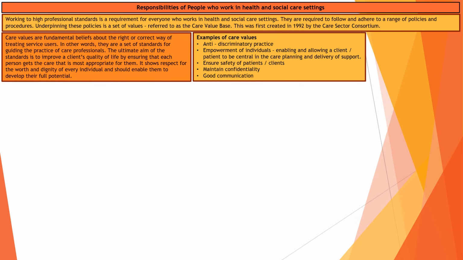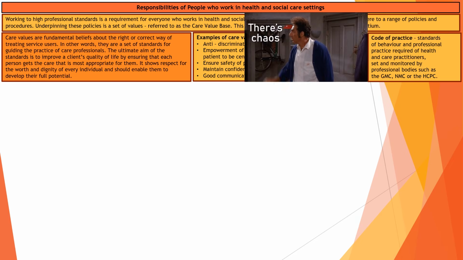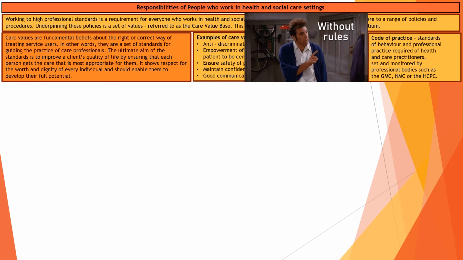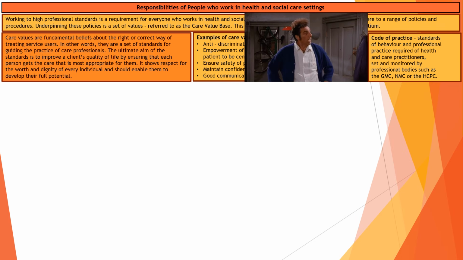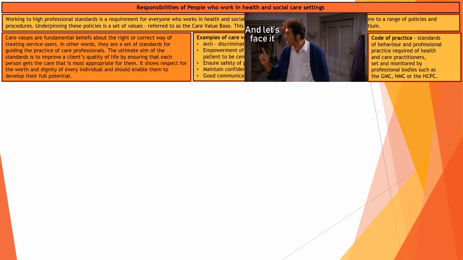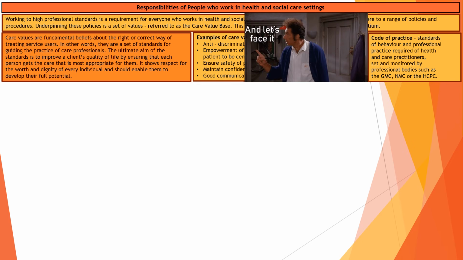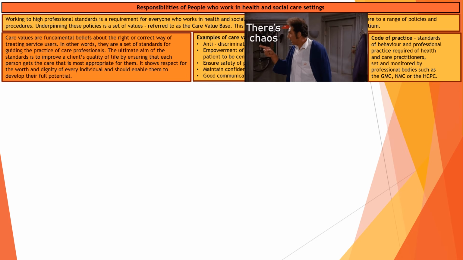Examples of these care values would be anti-discriminatory practice, empowerment of individuals, ensuring safety, maintaining confidentiality, and good communication. There's also the code of practice that was based around this, and these codes of practice are standards for professionals to follow. They're set out when professionals begin their role, and they're monitored by bodies like the GMC, NMC, and the HCPC.